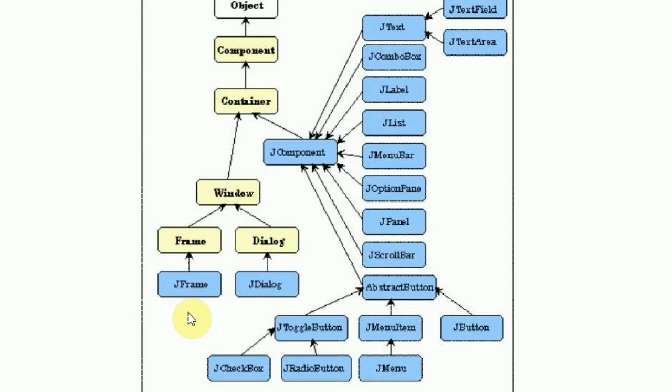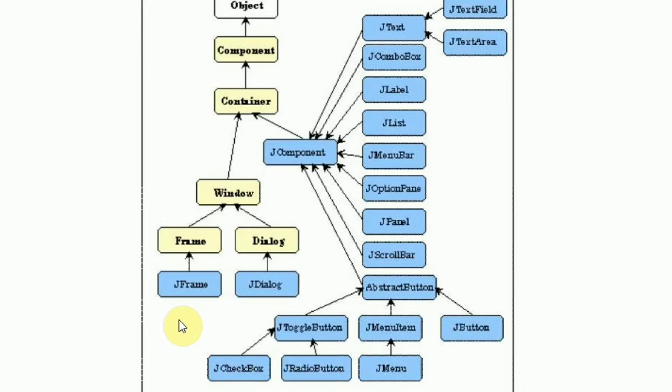JFrame is considered to be the main window, which has the minimize, maximize and close options and all that. JFrame is the top-level container, and these are heavyweight because they are derived from the AWT Container and Component classes. JFrame provides a place for the Swing components to paint themselves.